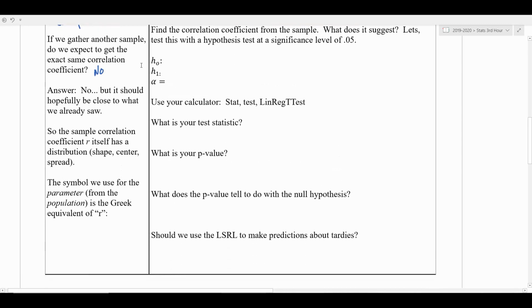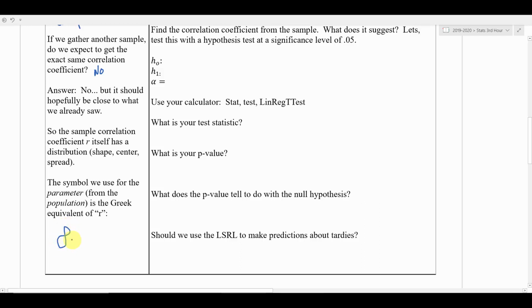We're going to set up a null and an alternate hypothesis just like we always have. But first, one more thing: we need to talk about the parameter for the population correlation coefficient. For the sample, we used r. For the population, we're going to use the Greek equivalent of r. This might make you a little upset, but it is this character right here.